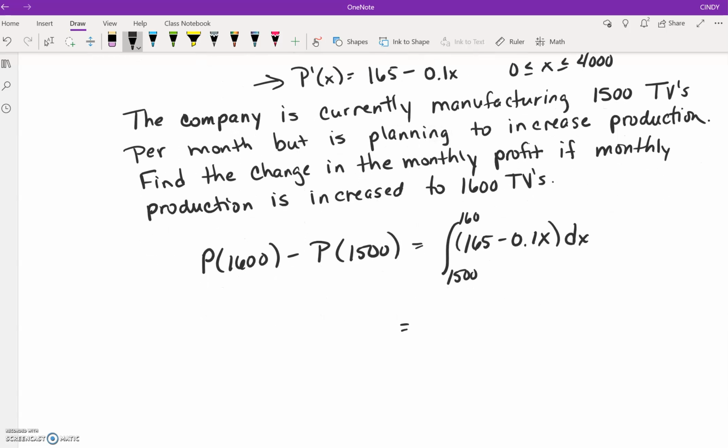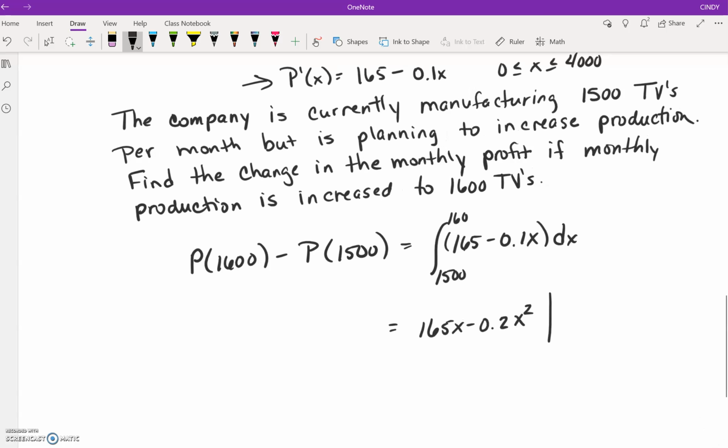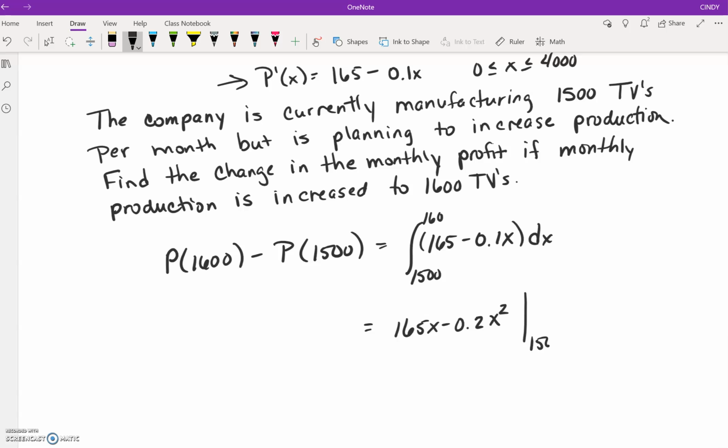Okay, let's take the antiderivative. You get 165x minus 0.05x squared, and we're going to evaluate that between 1,500 and 1,600.